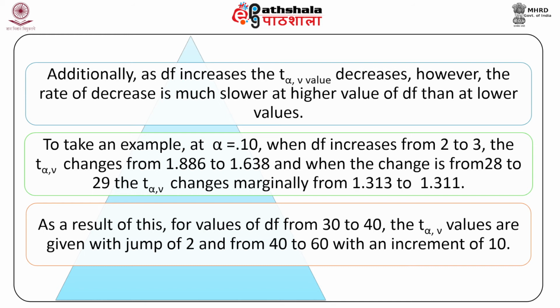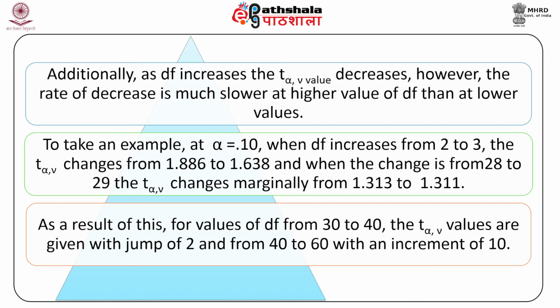To take an example, at alpha equal to 0.10, when degrees of freedom increases from 2 to 3, the t value changes from 1.886 to 1.638. And when the change is from 28 to 29, the t alpha nu changes marginally from 1.313 to 1.311.